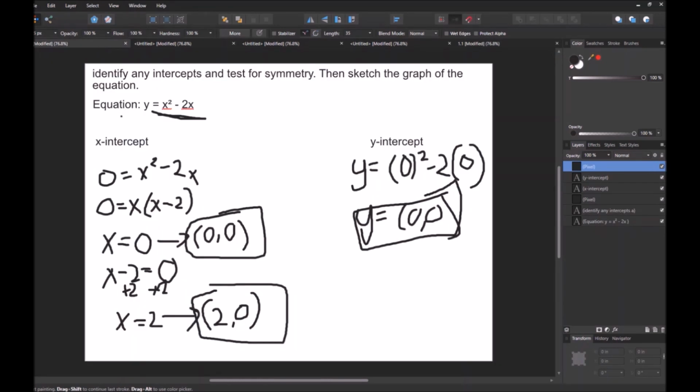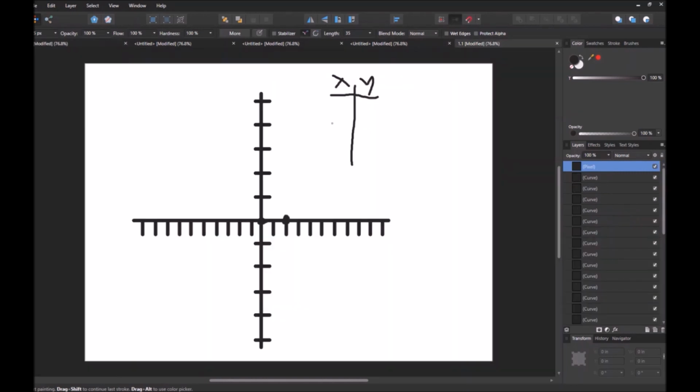So let's say 1, for example. If we plug in 1, so now we have y equals 1 squared minus 2 times 1. Well, 1 squared is 1, and negative 2 times 1 is negative 2, and 1 minus 2 is negative 1, meaning we have a point 1 comma negative 1 right here.